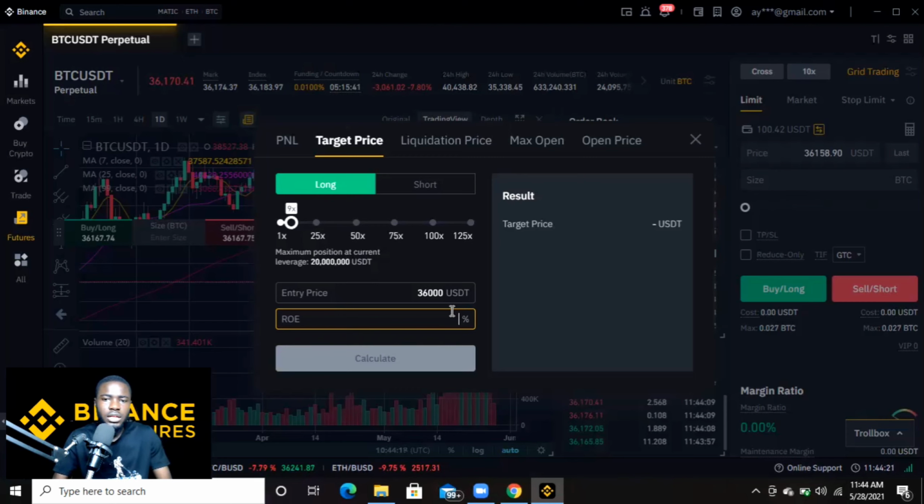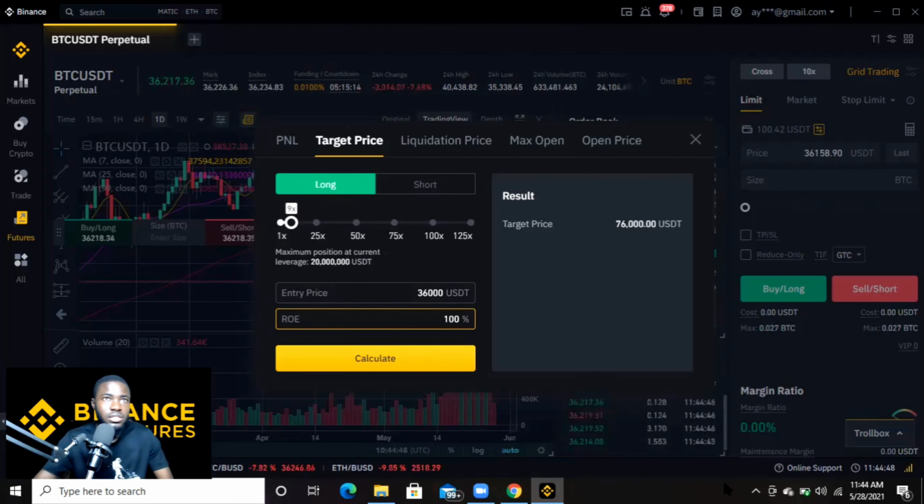So let's say I'm looking at a return on investment of 1000%, right? So I can simply calculate that, and you can see that if BTC gets to $76,000, I'll be making 1000% on my trade, right? So this helps you visualize where exactly you want the price of an instrument to go to, right?